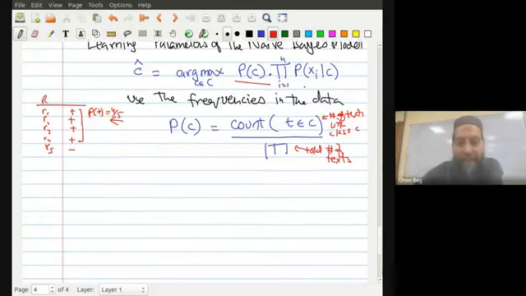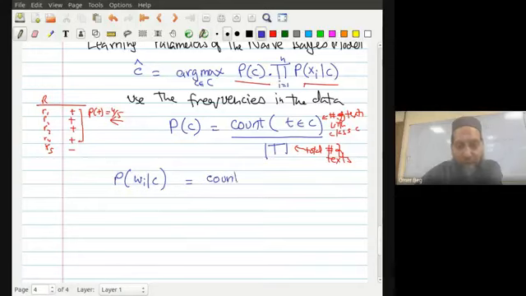So the next thing is to compute these probabilities for the features. And in the case of features, we are talking about words. So the next challenge is to figure out the probability of some word i given a class C. In that case, we are going to be using something similar to what we used for language modeling.